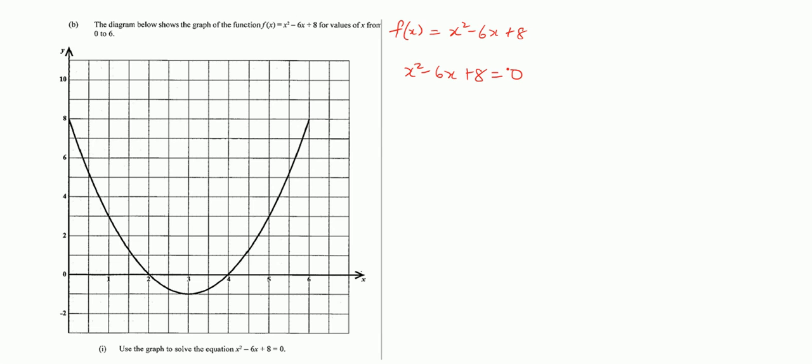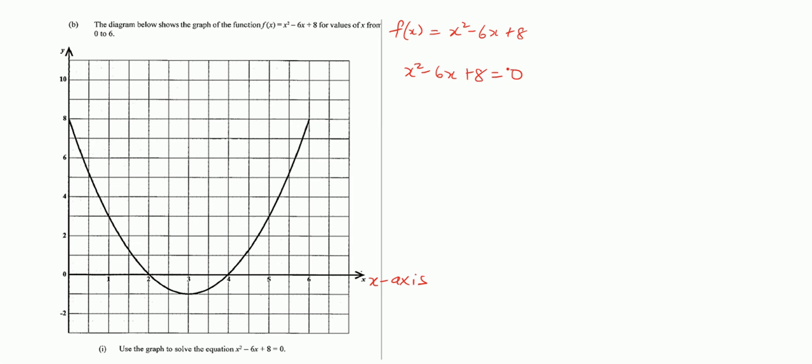Whenever you have to solve a quadratic and you have a graph, all you need to do is find the points at which the graph cuts the x-axis. This is our x-axis here. So where does the graph cut the x-axis?